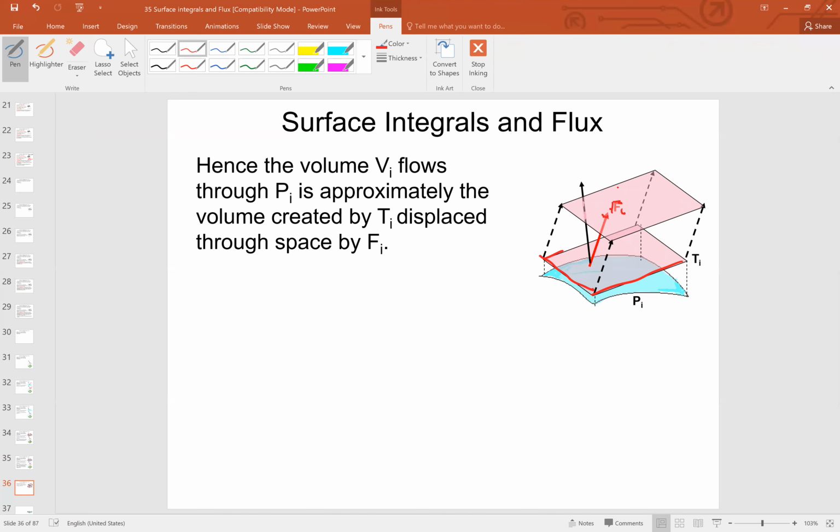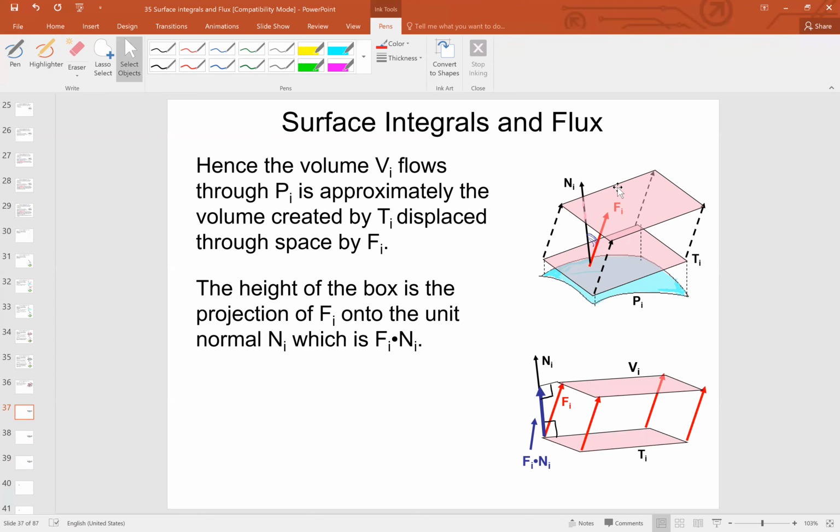Well, the flow in the direction of Fi, through a small rectangular tile, if it flows across space, forms this squashed box. It's called a parallelepiped. And that volume can be calculated. How? By dot product.